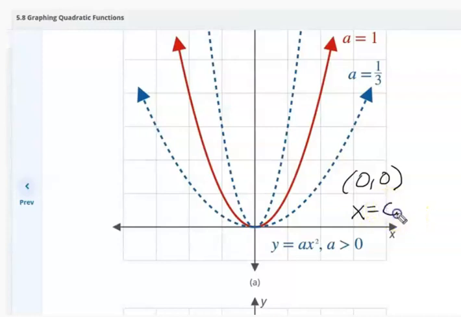X equals 0 is your axis of symmetry. That is the y-axis. The equation of the y-axis would be x equals 0. Remember, x equals a number is a vertical line, and here x is 0. Okay, just a little review.